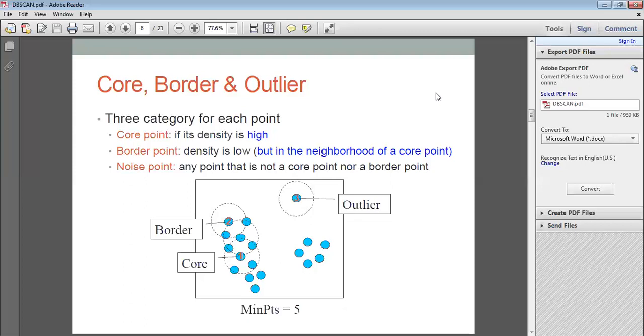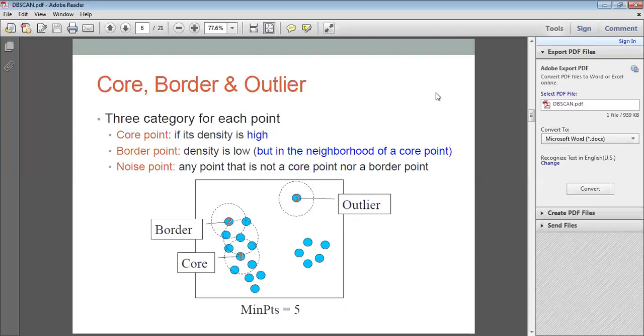But the point close to point number 2, which has a center between 1 and 2, has 6 points in its neighborhood, so it is a core point and it lies close to point number 2. So point number 2 satisfies the criteria that there is a core point in its neighborhood, so it would be a border point.